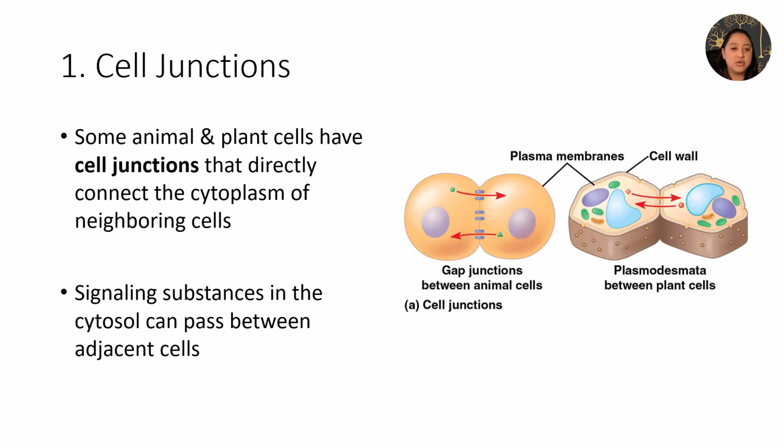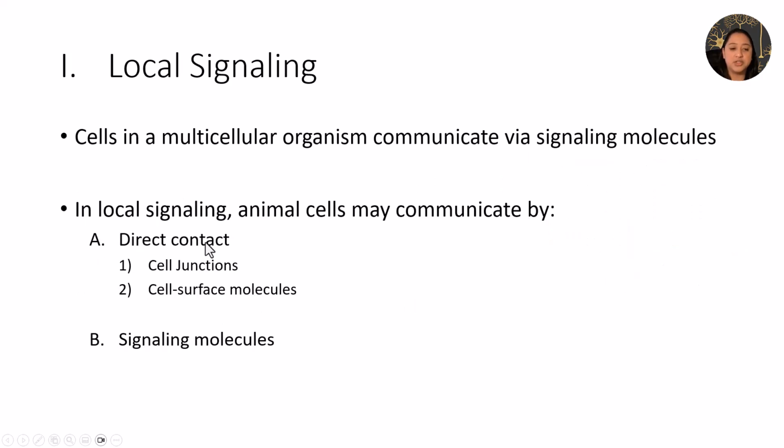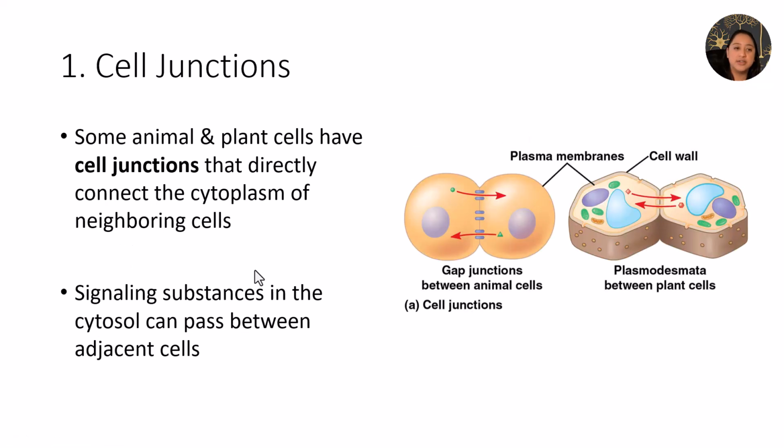So we'll go to, under direct contact, the first method of direct contact, cell junctions. I mentioned this at the very end, I believe, of the tour of the cell lecture, and now here's where it comes into context. Some animal and plant cells have cell junctions that directly connect the cytoplasm of neighboring cells.